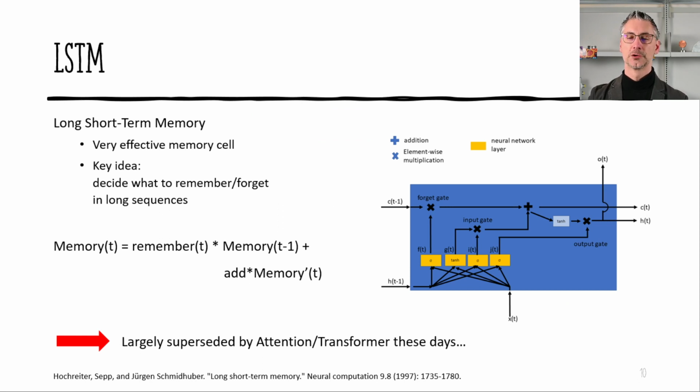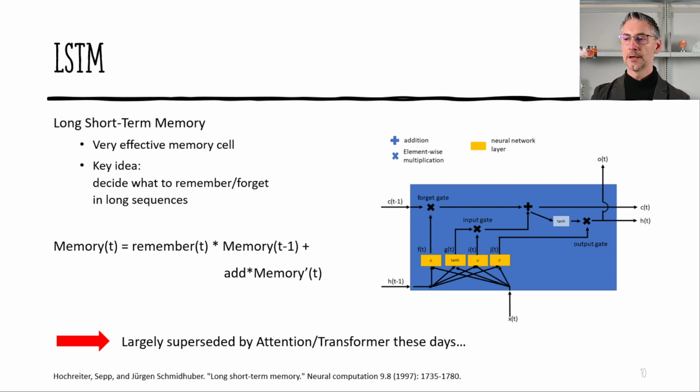One very efficient way of doing this is the long short-term memory cell. These are very effective memory cells, and the key idea is that we decide what to remember and to forget in long sequences. So our hidden state explicitly becomes our memory, where we have some sort of function that remembers what we want to remember at this previous time, and then compares what we had in our memory before and what we need to add to our memory now.